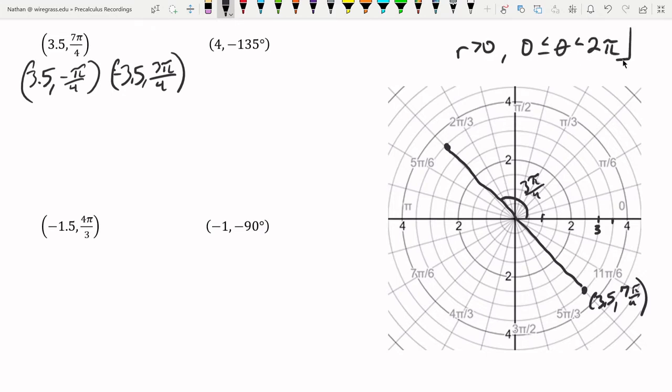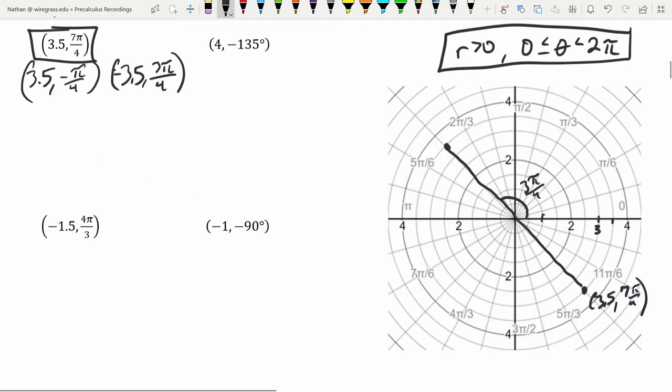That's the reason why this stipulation was there, because with these conditions, there's only one way to represent any point in polar coordinates. So what I have written here first is the best way of writing it.